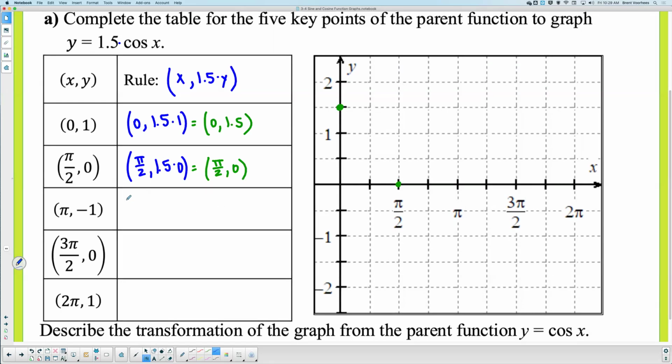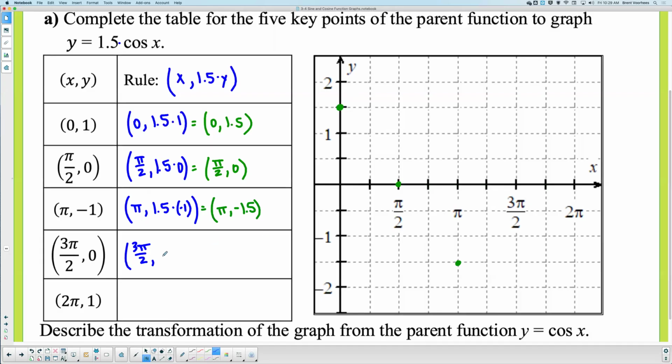Third point, at pi, I then take my 1.5 and I multiply it times the y value of -1. -1.5, perfect. That will be its minimum. 3 pi over 2.